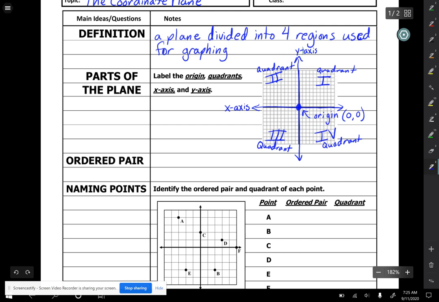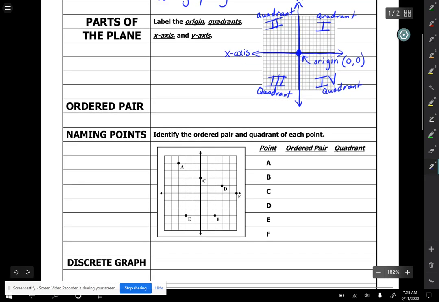Okay. Again, your assignment for today also has you labeling these parts. An ordered pair is a point that's in x and y on your graph.